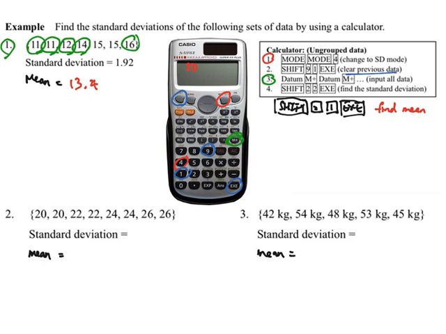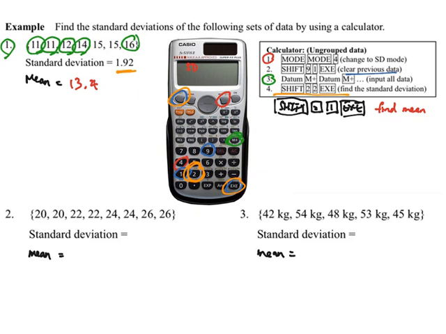Next, you need to find the SD. For SD, you press shift 2 and then exe. Then you can see SD is 1.92 something. So round off to 3 significant figures all the time. The answer should be 3 significant figures. Next, you can find the mean.